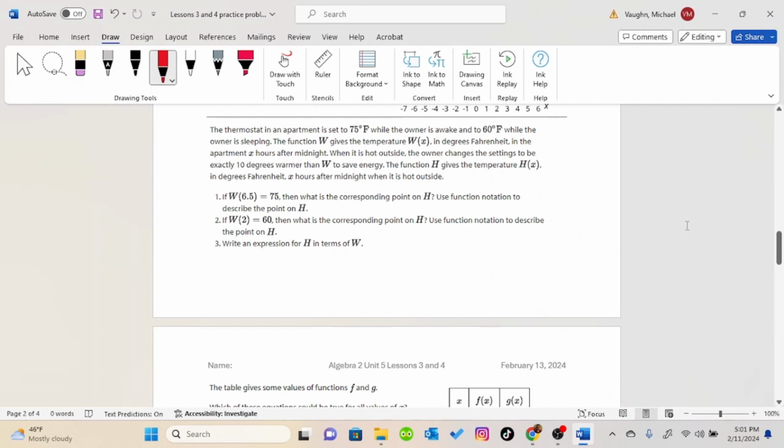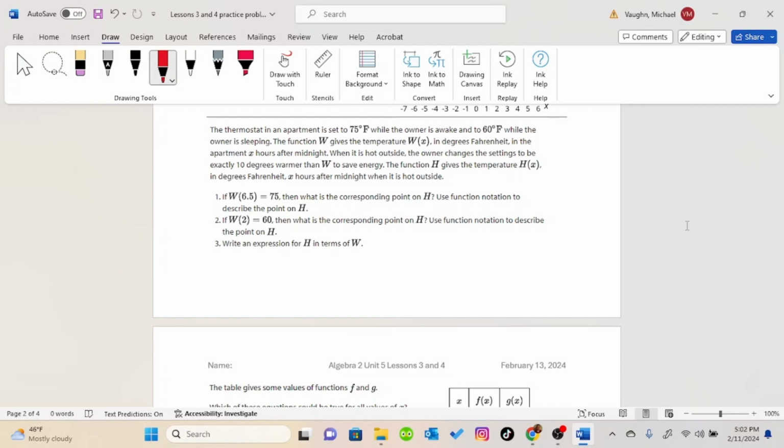The thermostat in an apartment is set to 75 degrees Fahrenheit while the owner is awake and to 60 degrees Fahrenheit while the owner is sleeping. The function W gives the temperature W of x in degrees Fahrenheit in the apartment x hours after midnight. When it is hot outside, the owner changes the settings to be exactly 10 degrees warmer than W to save energy.